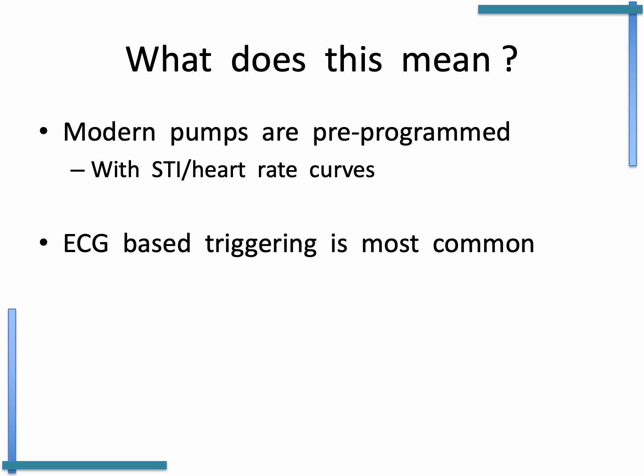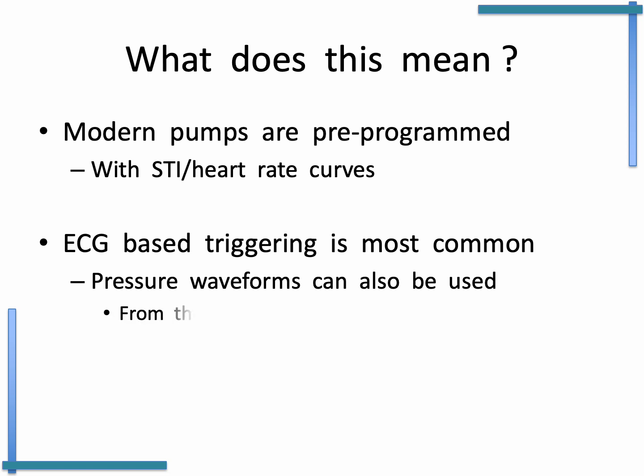So now you'd perhaps realize why ECG-based triggering is the most common way of triggering. We can also use pressure waveforms, and we can use a pressure waveform that's transduced from the very tip of the balloon or from any other arterial line that's been inserted into the patient.